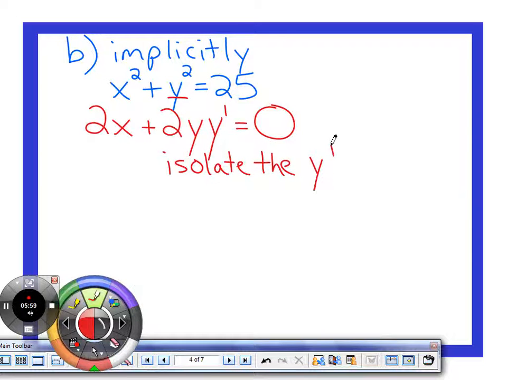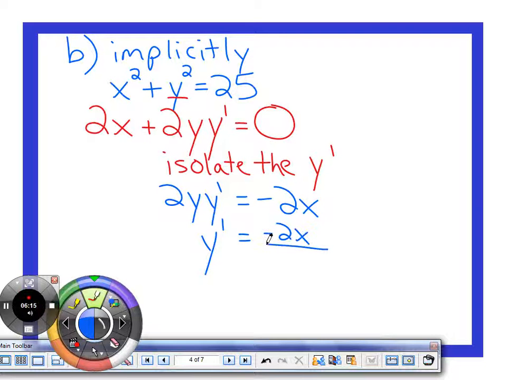So we isolate the y prime, and so that's going to be 2y y prime, and I'm going to slide the 2x over, so I have to subtract it. So minus 2x, and then y prime equals negative 2x divided by 2y, and I've got y prime equals negative x divided by y. And this time we actually need to plug in the x and the y to get the y prime.